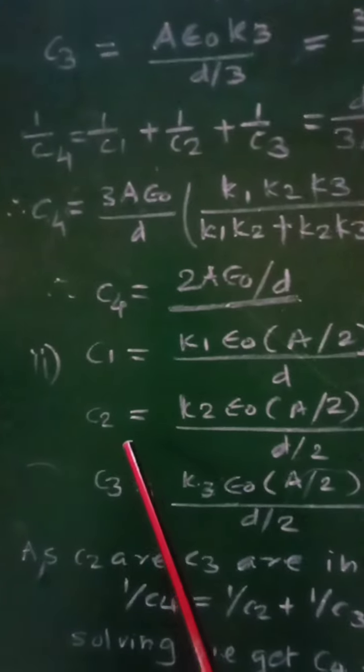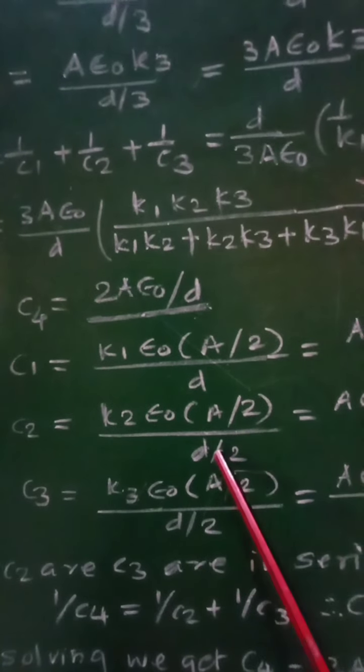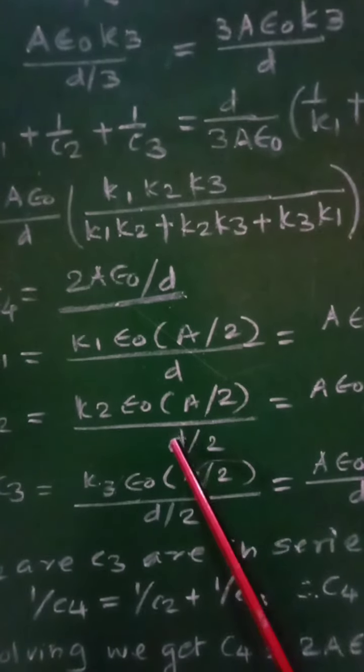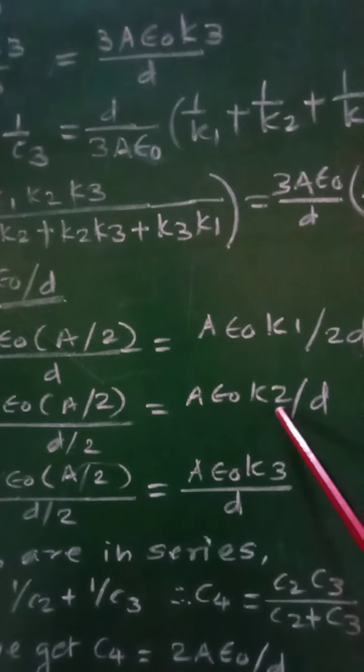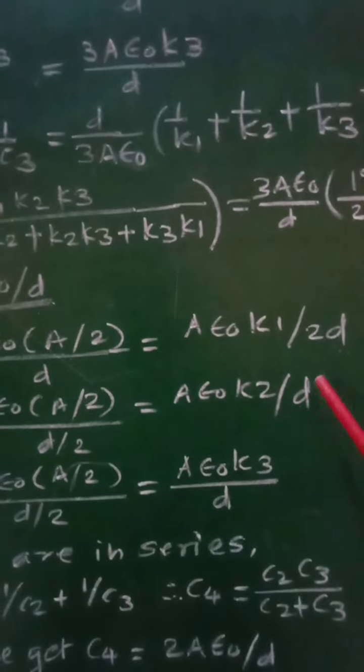Then C2 will be equal to K2 epsilon 0 A by 2 upon D by 2, which comes out to be A epsilon 0 K2 upon D.